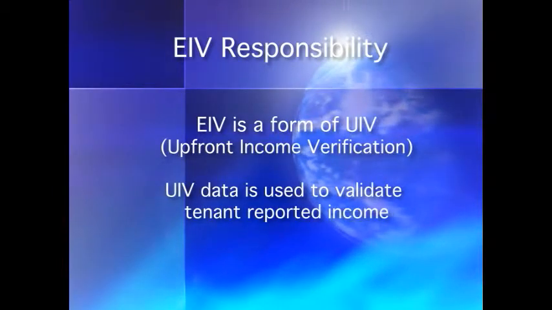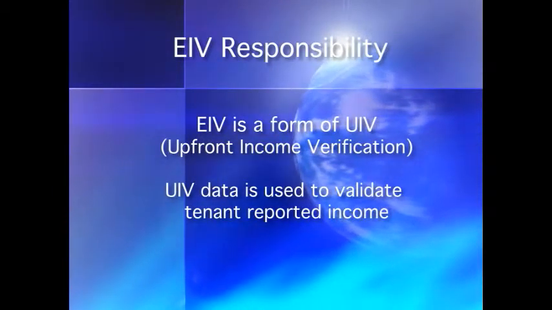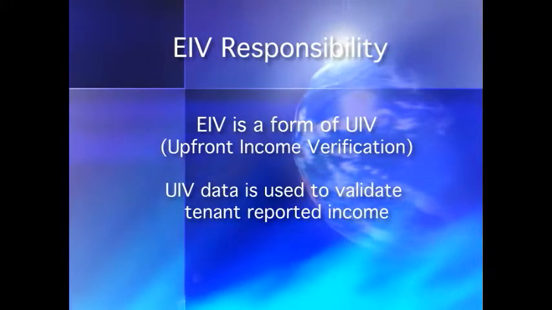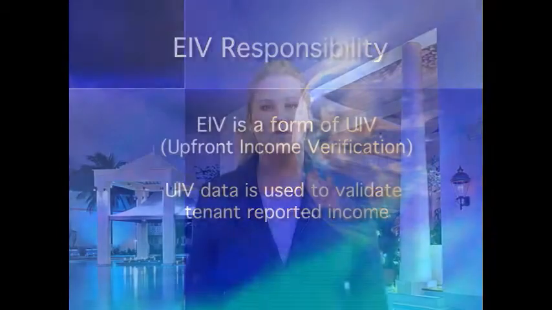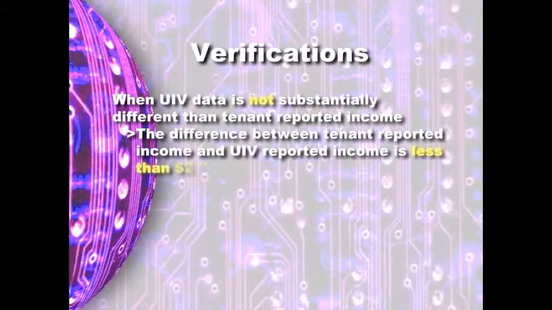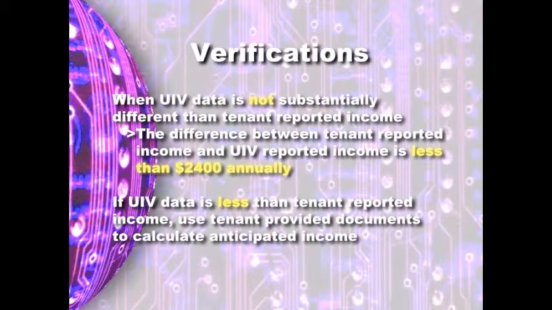EIV is a form of UIV, upfront income verification. UIV data is used to validate tenant-reported income. HUD provides PHAs guidance for projecting annual income when data is available. When UIV data is not substantially different than tenant-reported income, meaning the difference between tenant-reported income and UIV-reported income is less than $2,400 annually: if UIV data is less than tenant-reported income, use the tenant-provided documents to calculate anticipated income.